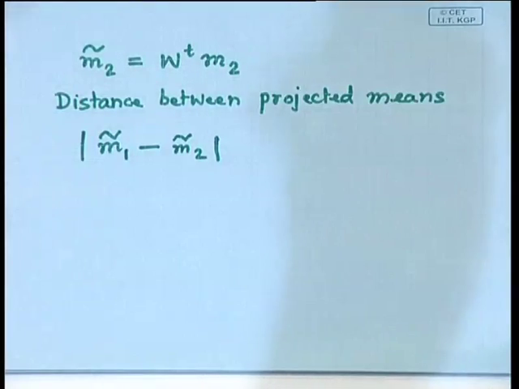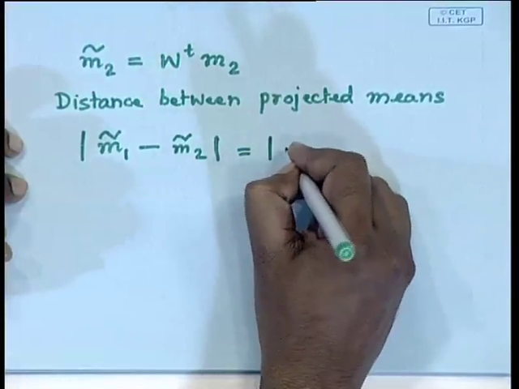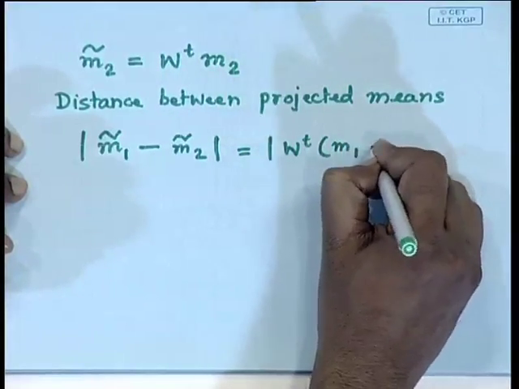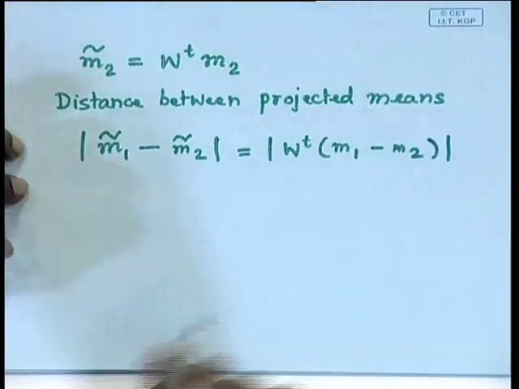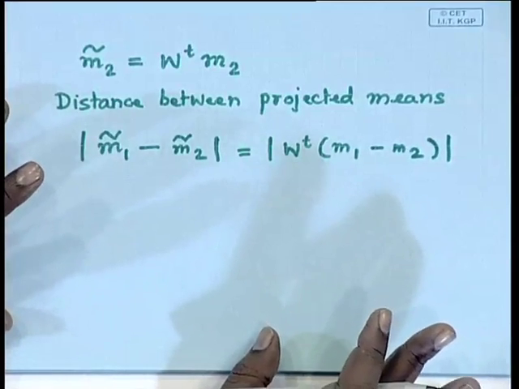This is the difference between the two projected means, which will be simply the modulus of W transpose times (M_1 minus M_2). So, this is quite simple.